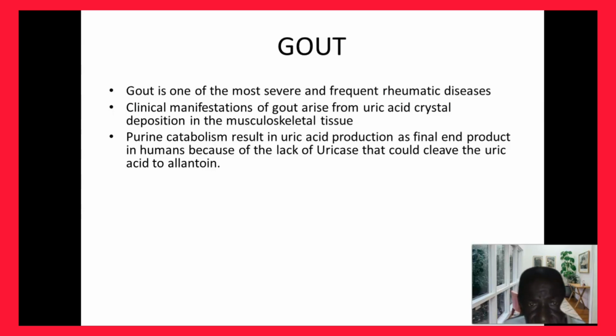But the explanation here is when this catabolism happens, the purine is broken down, and the final end point is uric acid. It should probably have been broken down more, but when this happens, the kidney will have to excrete it.